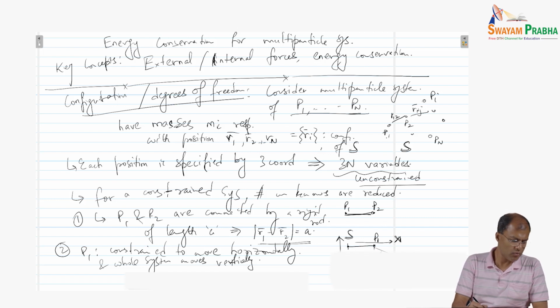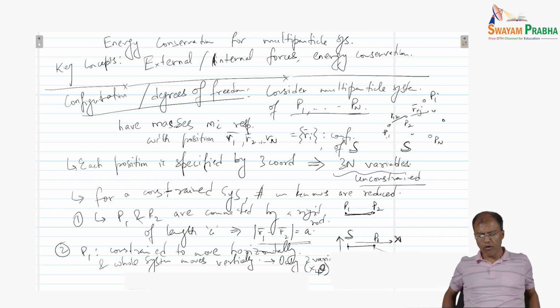So the whole system moves vertically, and only 2 scalars are allowed. So in this case, the coordinates are described completely by only 2 variables, namely x and theta, right?